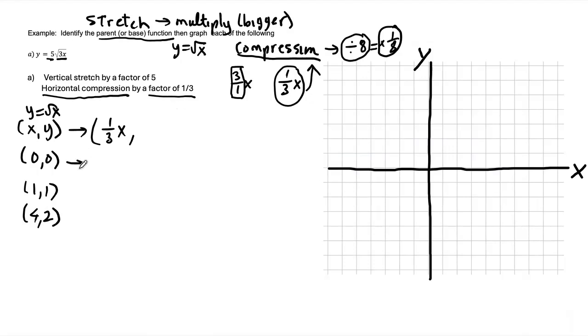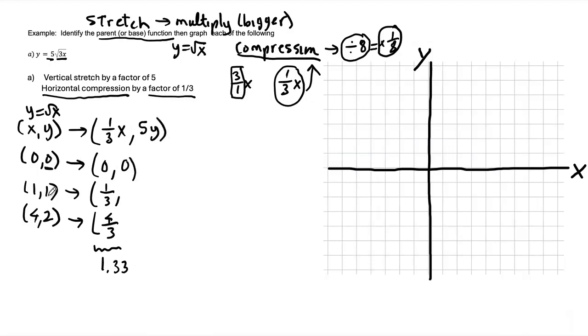So let's go ahead and do that. 1 over 3 times 0, 1 over 3 times 1, and 1 over 3 times 4 is 4 over 3, which in decimal form is 1.33. Y values, right after the equal sign, we see a 5, so the function y values are going to be 5 times as big, 5y. 5 times 0, 1 times the 5, and then 5 times the 2 is a 10.